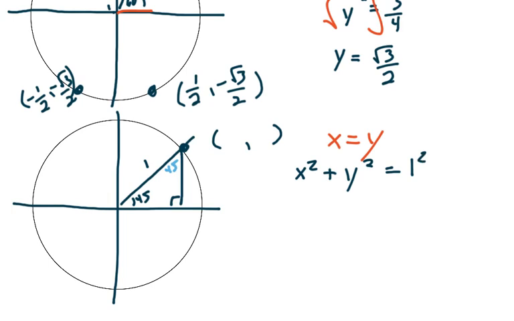But since x and y are the same thing, I'm going to replace this y with an x. So really I get x squared plus x squared equals 1. So this is 2x squared equals 1. So x squared equals 1/2.